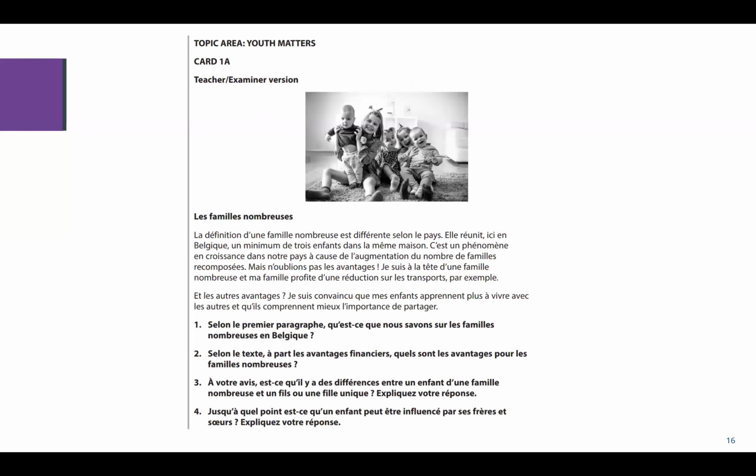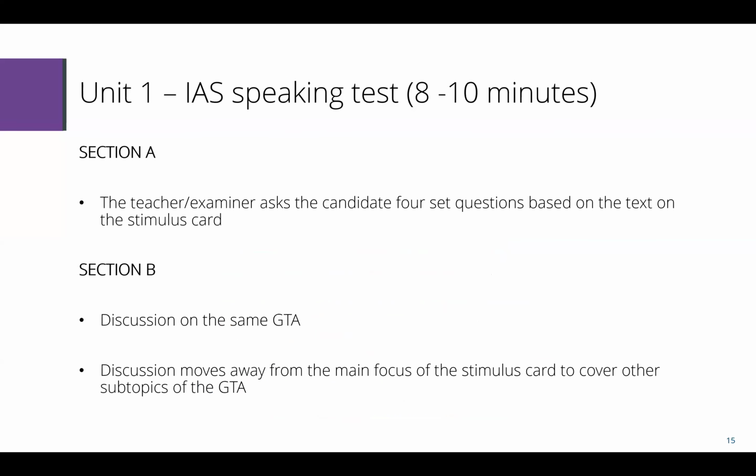Okay, so I think that's sort of all I need to say about part A. The second section is bizarrely section B, and it is a discussion on the same topic area, and also then you can see that it moves away from the main focus of that stimulus card.